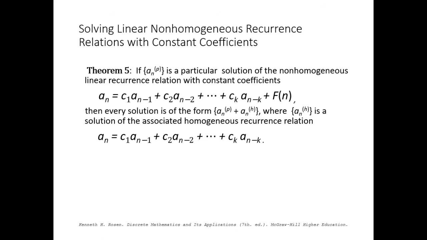To solve these equations, the solution has two parts. The solution of the recurrence has two parts, one which comes from the homogeneous part, which we will solve exactly like how we have solved the earlier equations, and one which comes as a particular part.